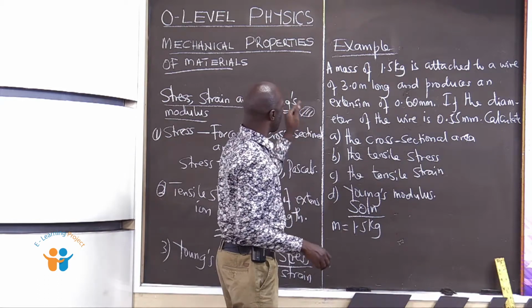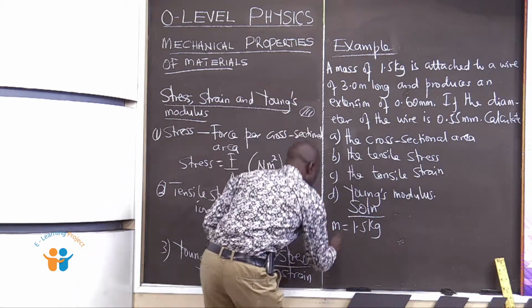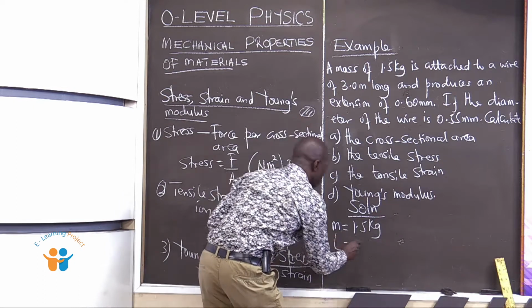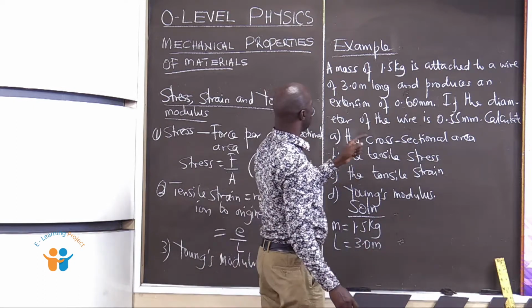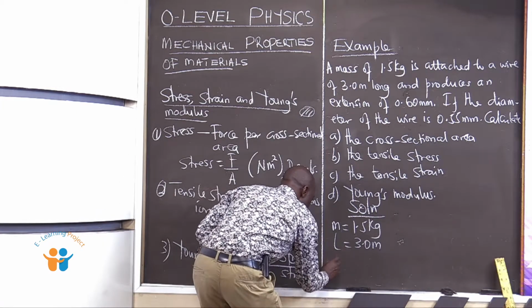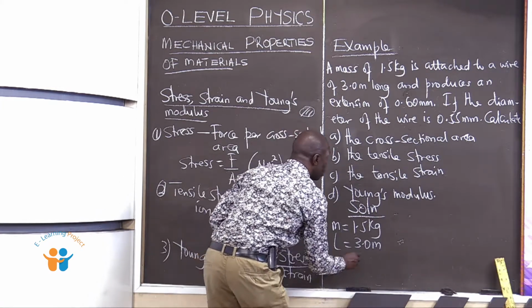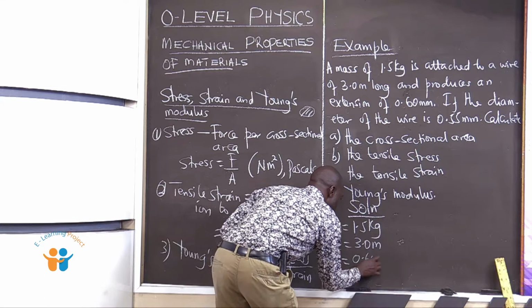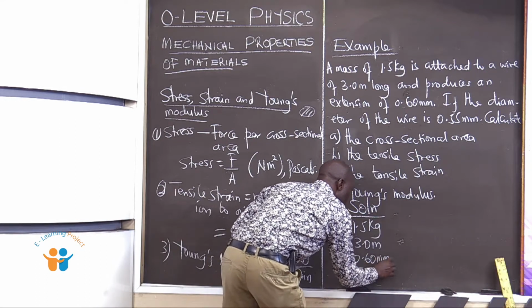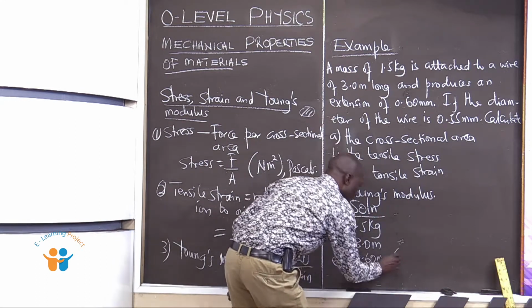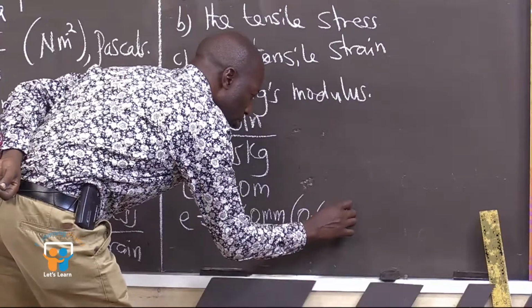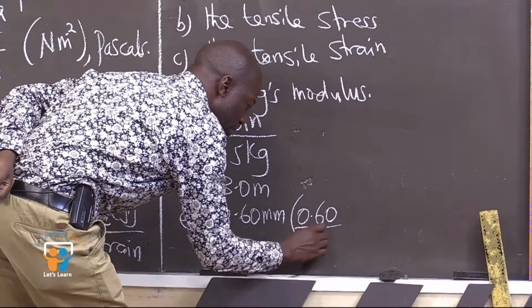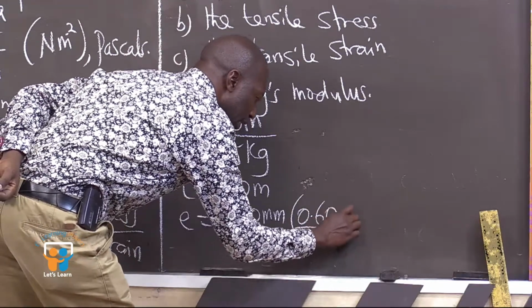It is attached to a wire of length L equal to 3.0 meters and produces an extension e equal to 0.60 millimeters, which we can change by dividing by 1,000 to get meters.